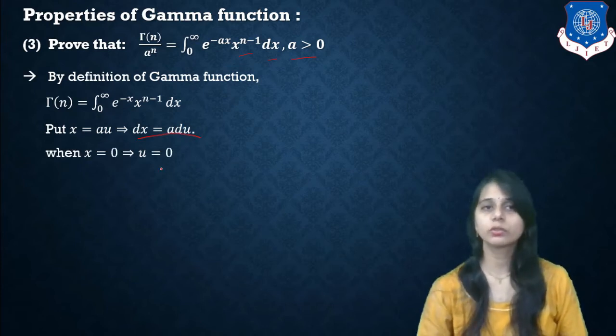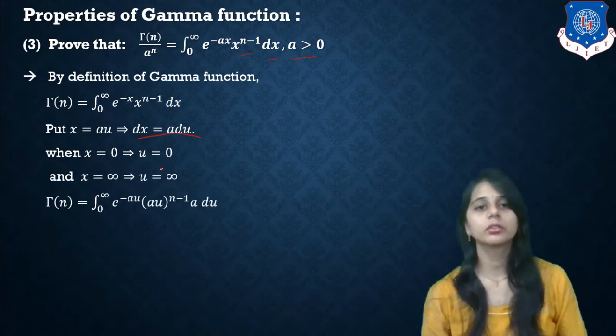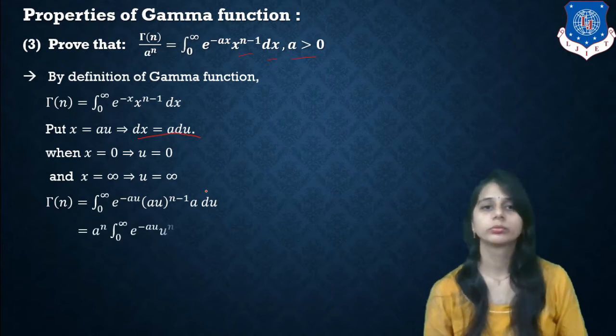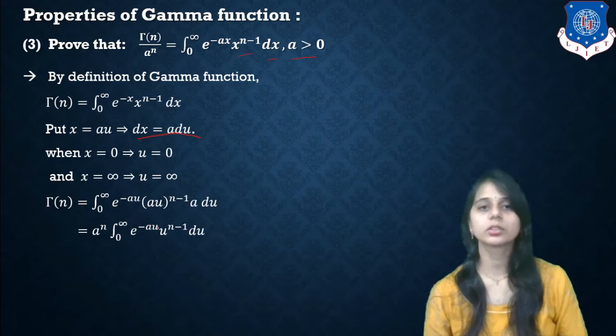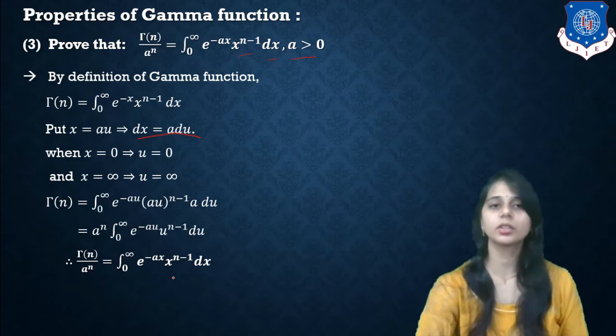When x equals 0, u equals 0, and when x equals infinity, u equals infinity. Gamma n equals integral 0 to infinity e raised to minus au, au raised to n minus 1, a du, which is a raised to n times integral 0 to infinity e raised to minus au, u raised to n minus 1 du. So gamma n upon a raised to n equals integral 0 to infinity e raised to minus ax, x raised to n minus 1 dx.